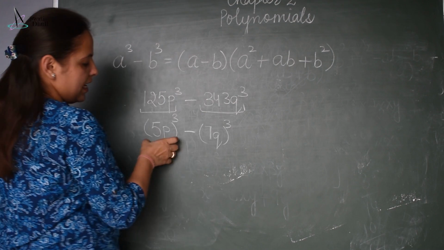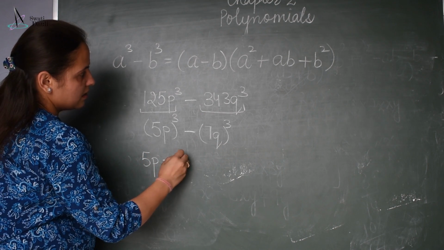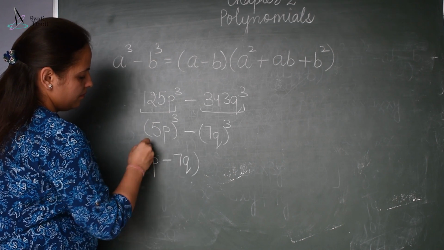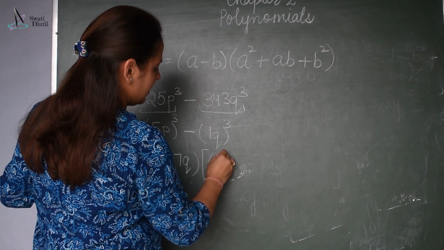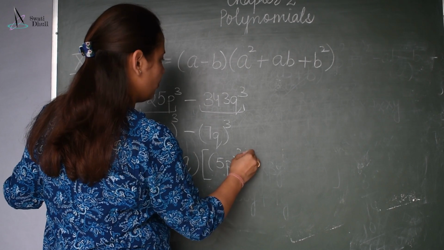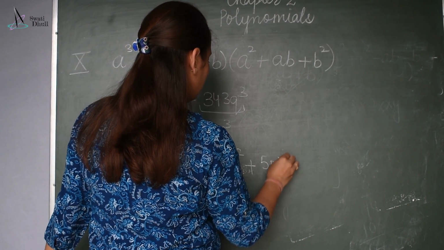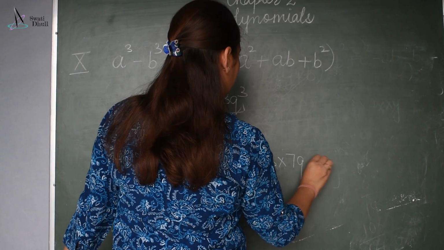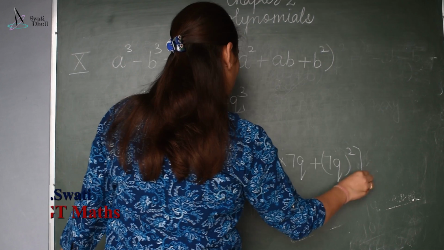Now a cube minus b cube is a minus b into a square, so that is 5p whole square, plus ab is 5p into 7q, plus b square is 7q whole square.